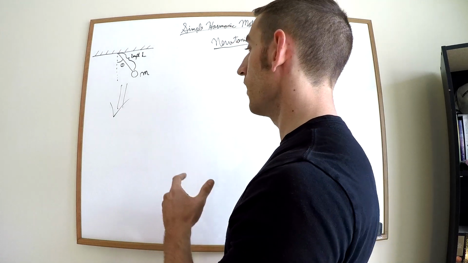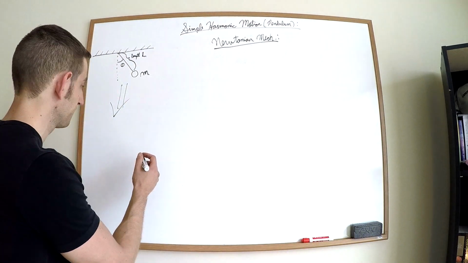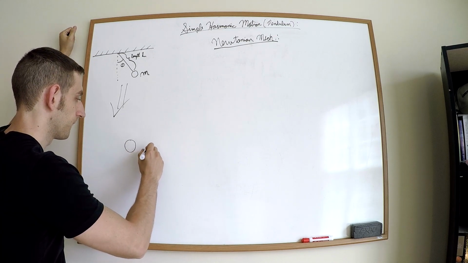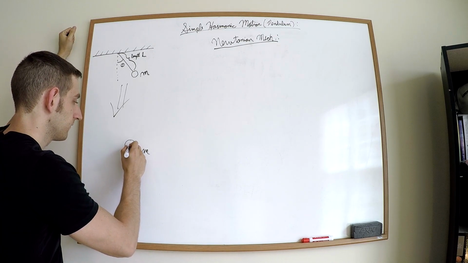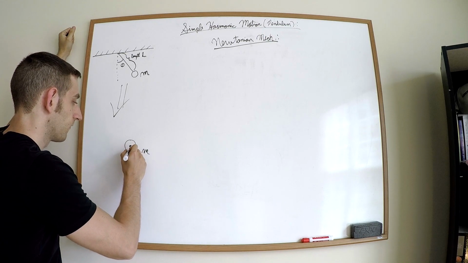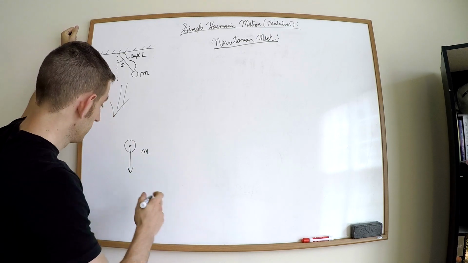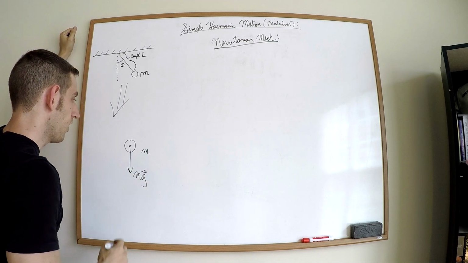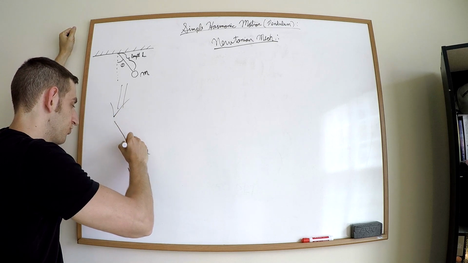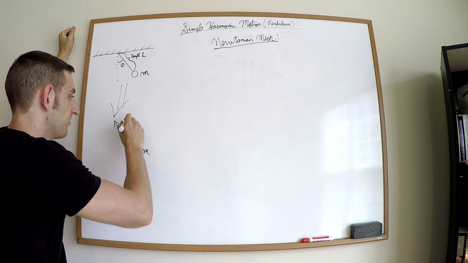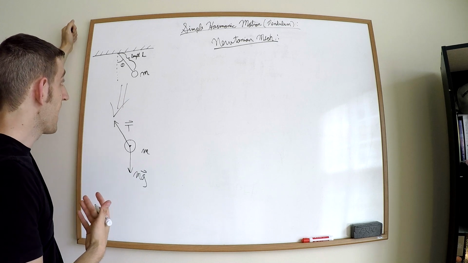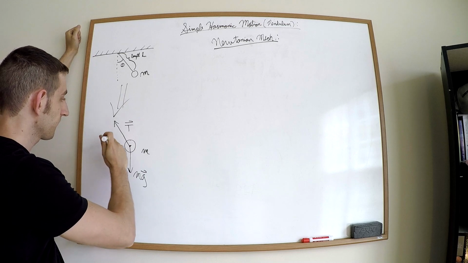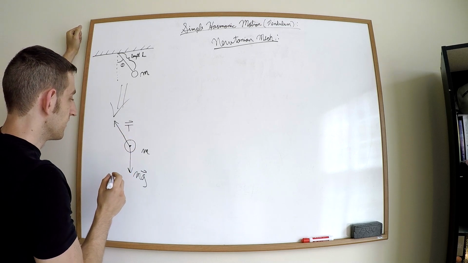So what I'm going to do is take our mass m, and draw in our forces. So we have the force of gravity, it's always there, mg. And we're also going to have a tension force. These are all the forces that are acting on this guy. We know the angle between the vertical and this is theta.